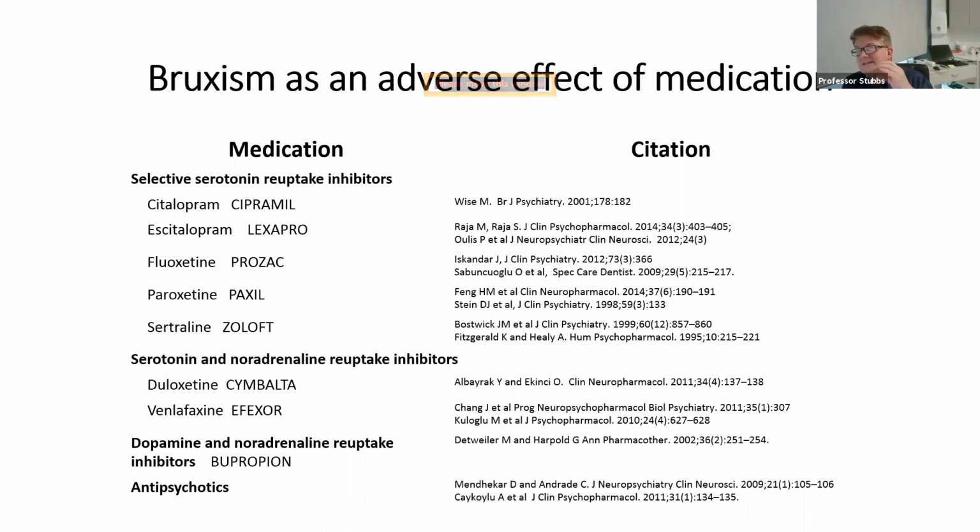So bruxism didn't necessarily lead to the failure of the implant, but the mechanical restoration it did. So I think it's reasonable, if you've got a patient that's spending a large amount of money having magnificent work done, to have a guard at night. I think it's quite a reasonable thing.